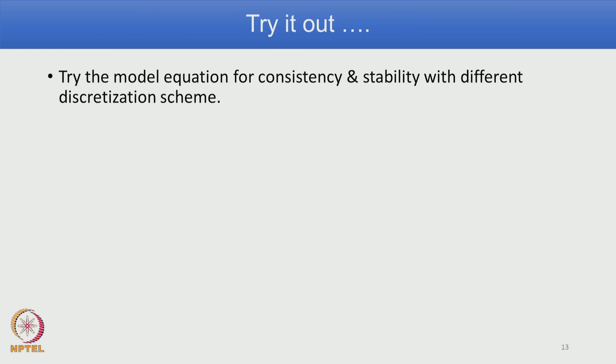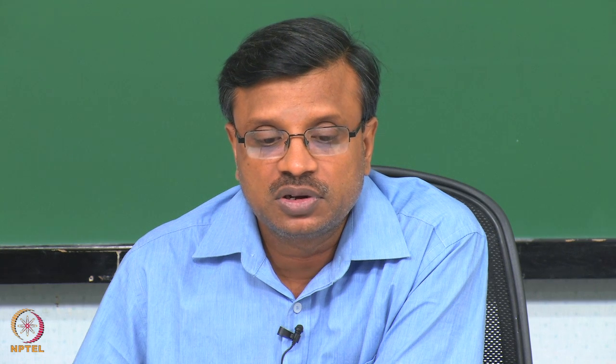Now, you can try it out, try taking the same model equation we explained with forward in time and central in space, for consistency as well as stability. You can try the same model equation either in 1D form or 2D form, and try different other schemes, that is backward in time; backward in time is difficult.